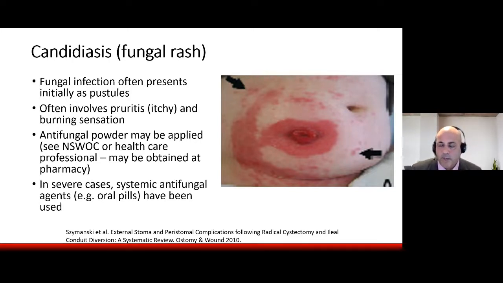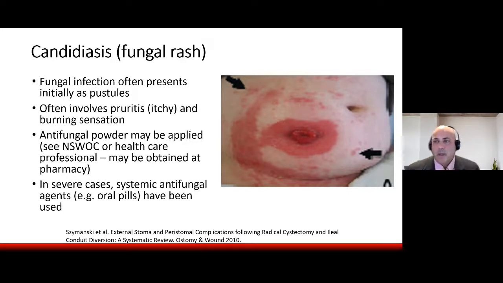It's somewhat breathable and absorbs some moisture, but when there's an overwhelming amount of fluid, even the moisture that's emitted from the skin, which is normal in many cases, that may lead to an overgrowth of fungus, which is normally found on our body in very small quantities.